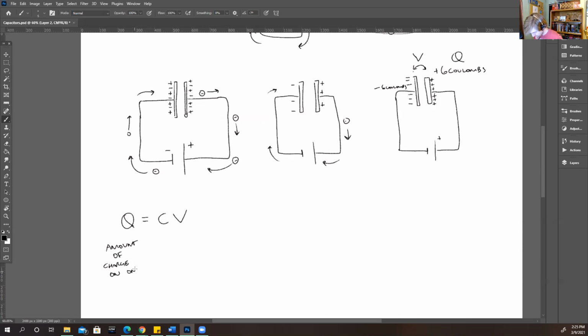Q is charge, C is capacitance, and V is voltage or potential difference.